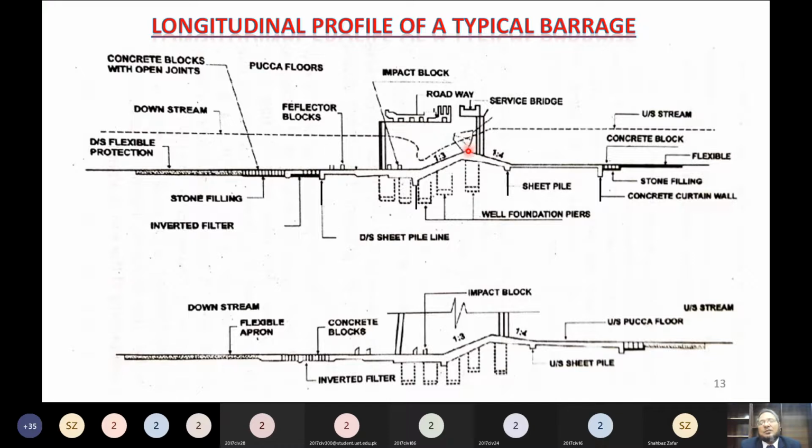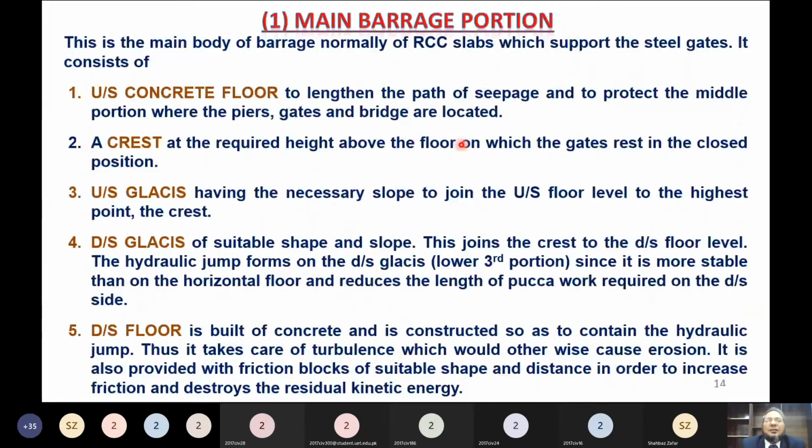If we want to close this completely, then we have to close the gates, and the gate bottom has to rest on the crest. Actually, the crest is basically the highest flat portion of the weir.